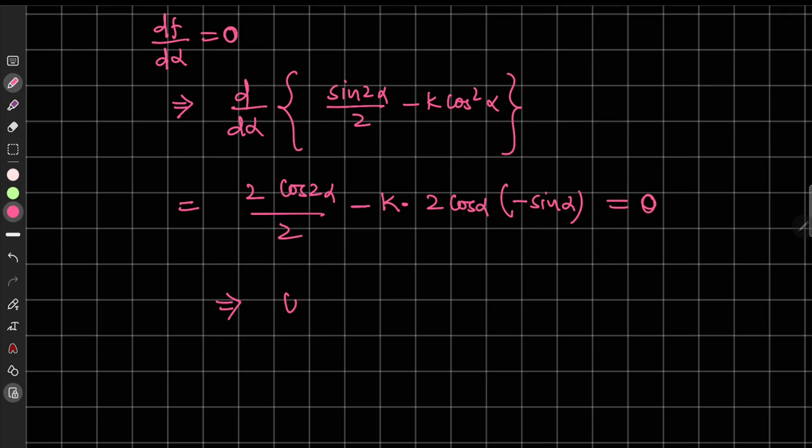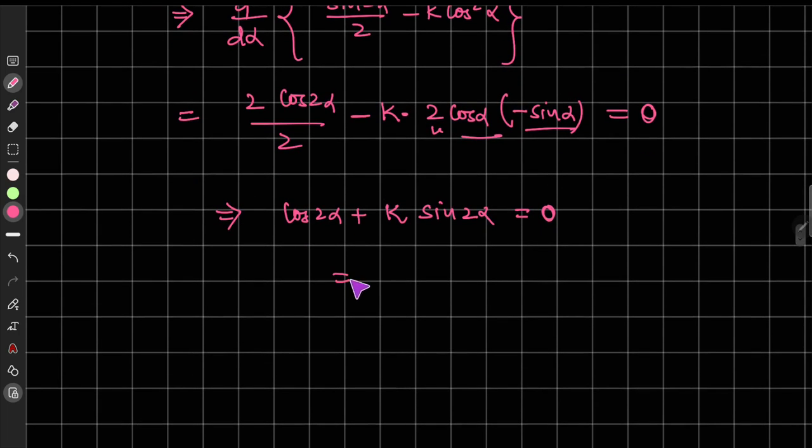So from here we can get cos 2 alpha plus k times sin 2 alpha, because 2 times sin alpha cos alpha is sin 2 alpha, is equal to 0. So from here we can find tan of 2 alpha is equal to minus 1 upon k.